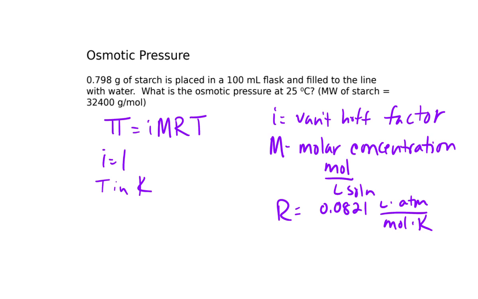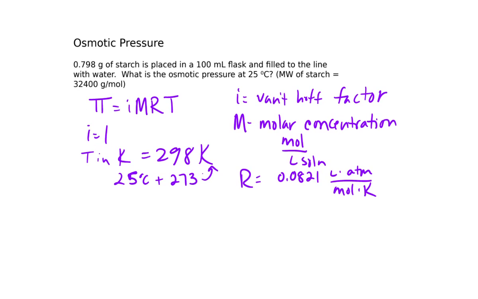So given the information that we're provided, we have a temperature which we can convert to Kelvin. It'll be 298 K, 25 degrees C plus 273 to get the Kelvin. That's where that's coming from. Okay. So then the tricky part is figuring out the molarity.